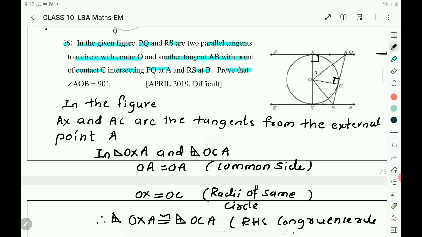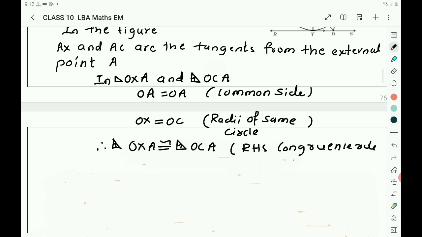Therefore, these two angles are equal. Angle XOA is equals to angle COA, that is according to CPCT.